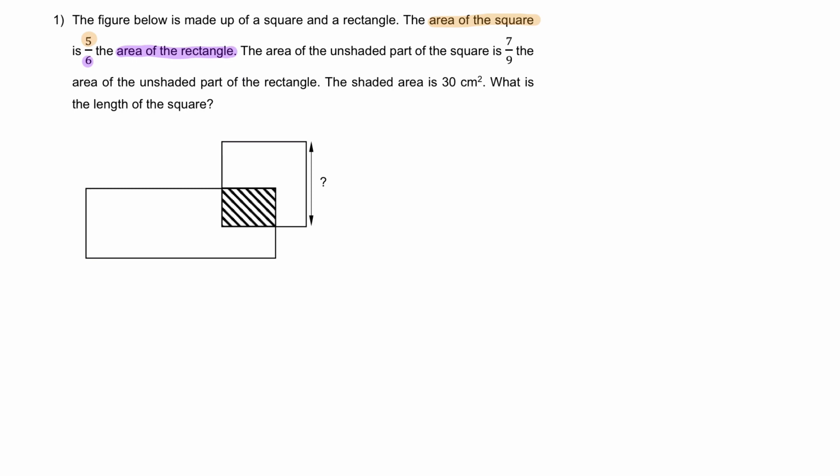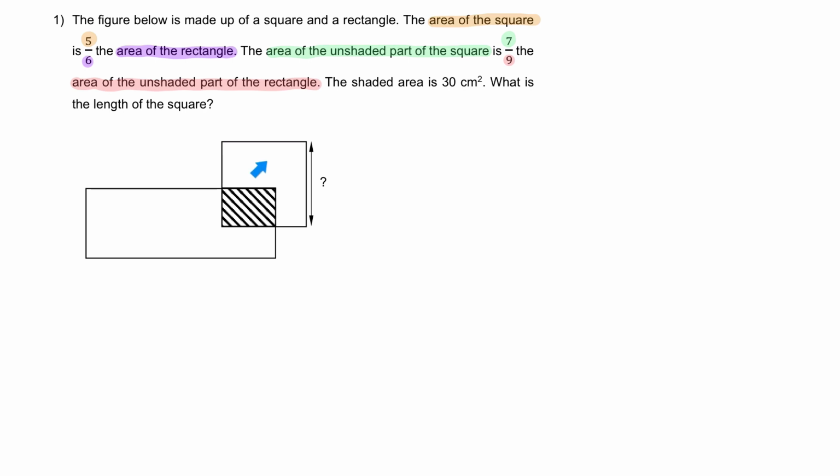Then the area of the unshaded part of the square will be 7 and the area of the unshaded part of the rectangle will be 9. Given that this is 5 units and this is 6 units, what is the difference between their area? Obviously, it's 1.